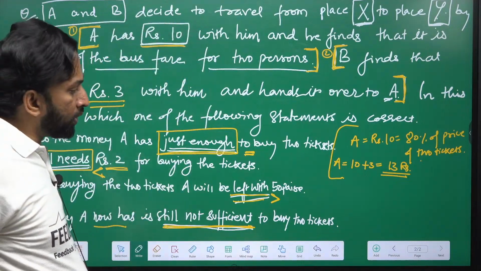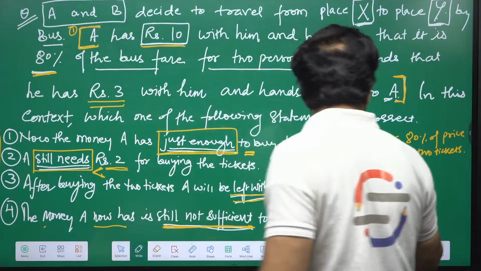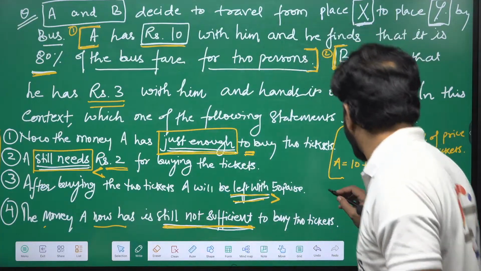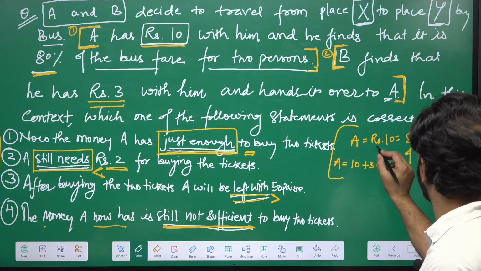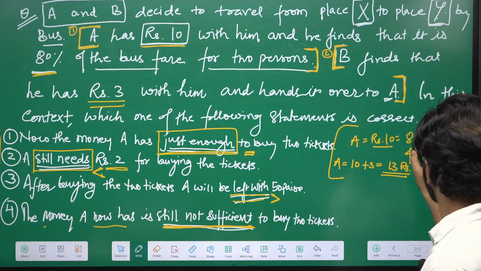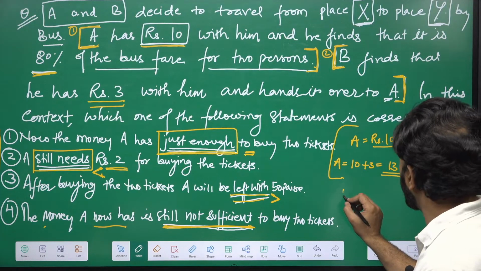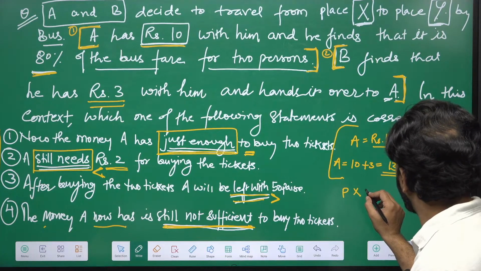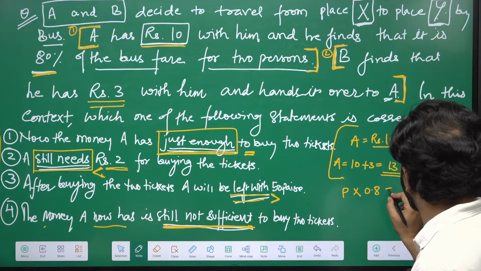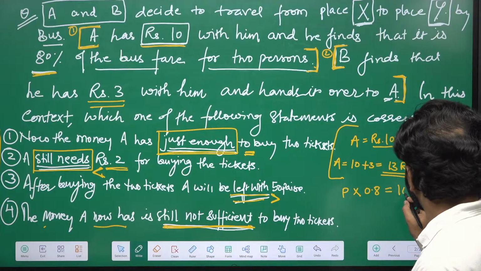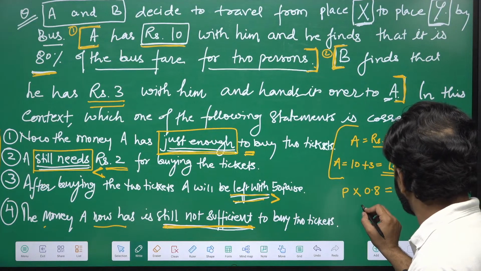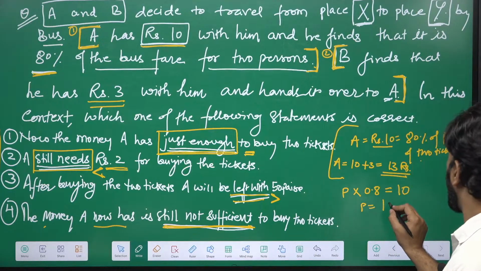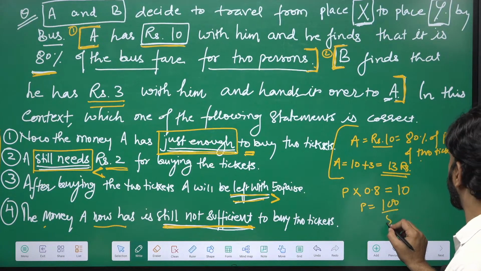So let's now understand what is the price of 2 tickets. So A has rupees 10, which is 80%. Let P be the price of 2 tickets, and 80% of that, 0.8 P, is equal to 10. So P is equal to 100 upon 8.